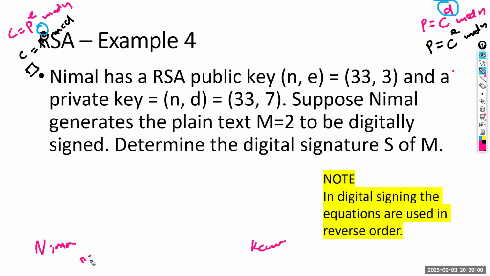So now the formula is P to the power d mod n. Here the verification formula is C to the power e mod n.